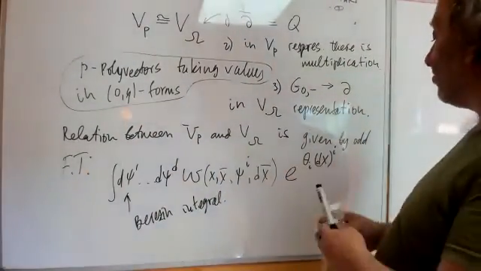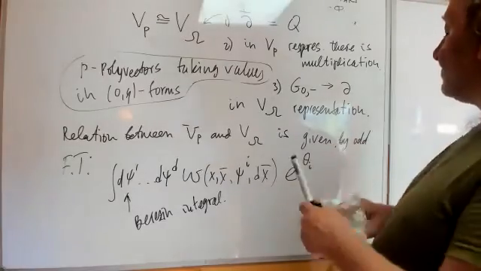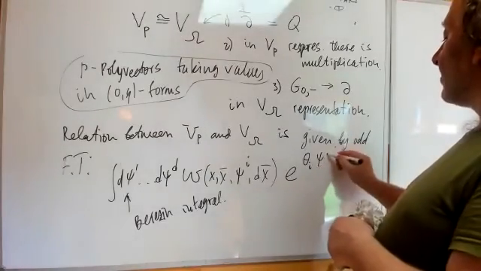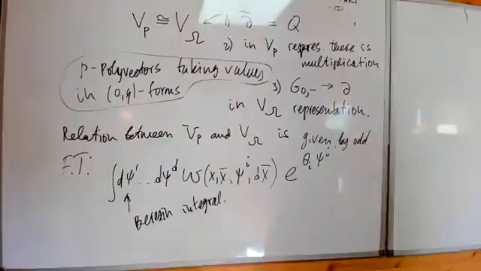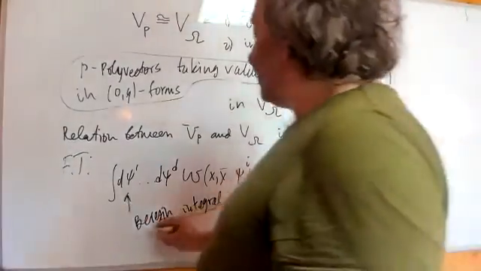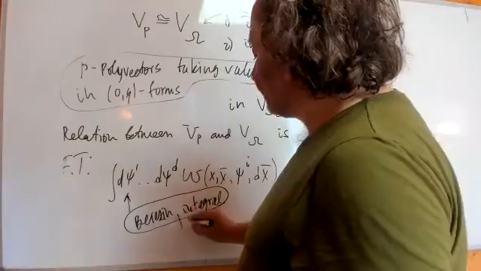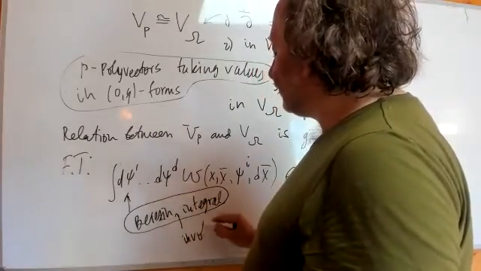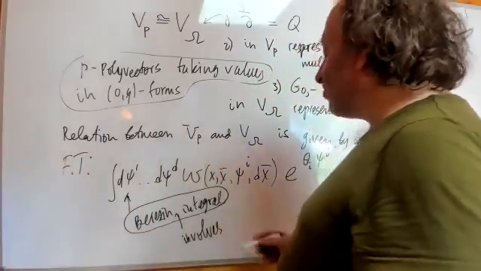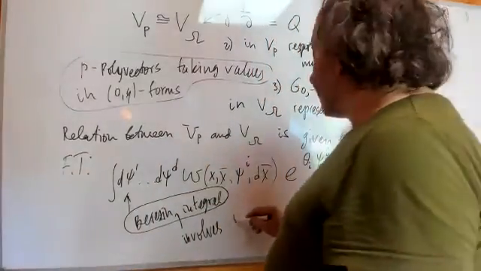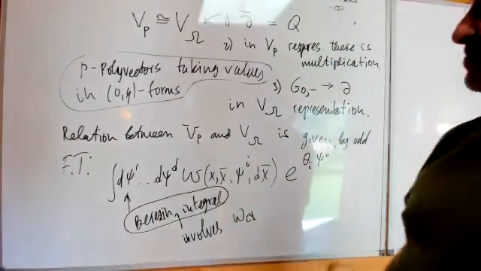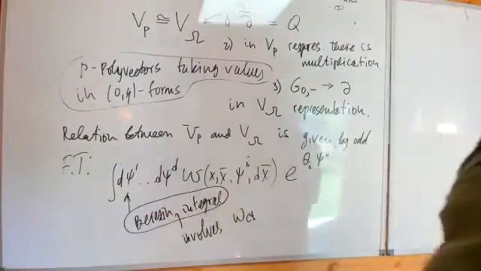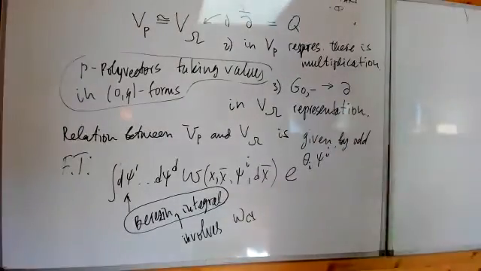And of course, here I also write psi I. And this Berezin integral involves, of course, Calabi-Yau form, because I need to pick up the external power.